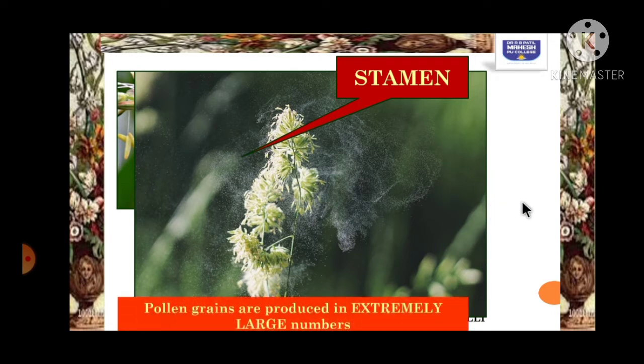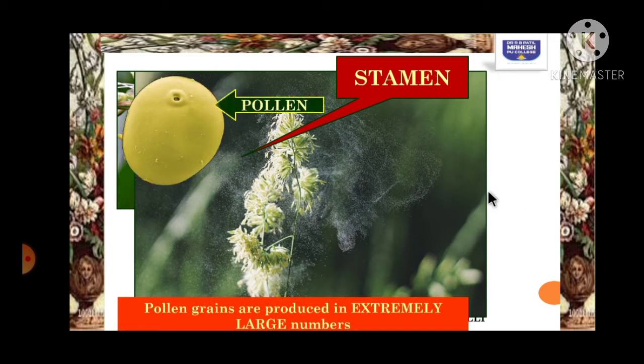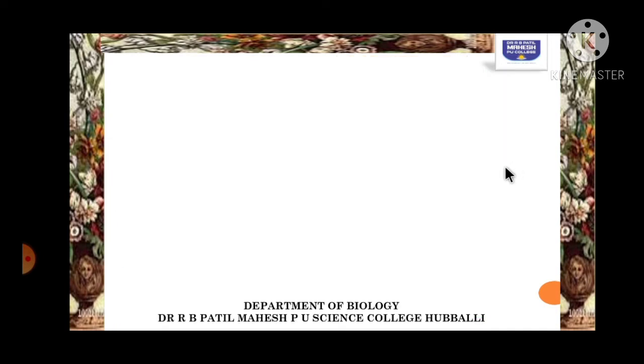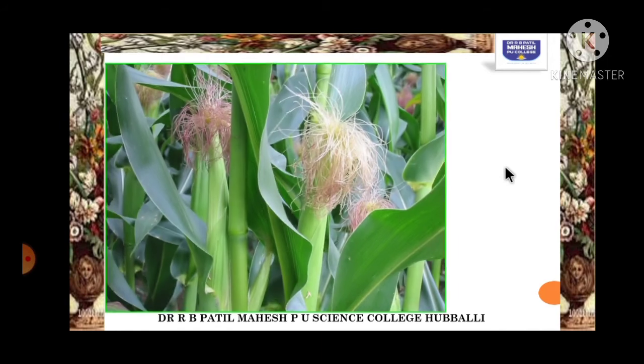Pollen grains will be produced in extremely large numbers. The pollens will be smaller, pale yellow, and lightweight so that they can be carried away through the agency of the wind.